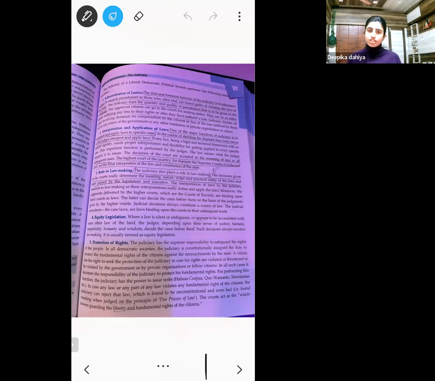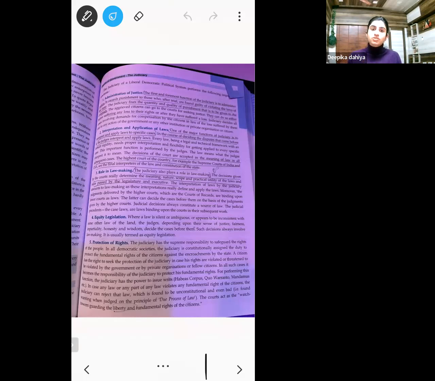So the judiciary interprets the laws. The judiciary applies the laws. Judiciary looks into the constitution. For example, let's say some constitutional article has not been used till date. There are possibilities that a particular provision has not been used, but suddenly there falls a need to use that article now, and you don't know what exactly its meaning can be, because some people are reading it in some other way, some people have a different perception of it.